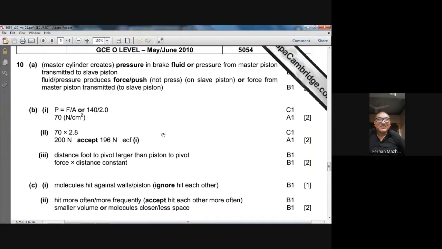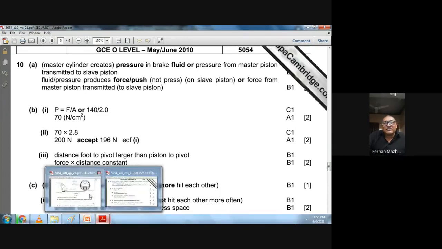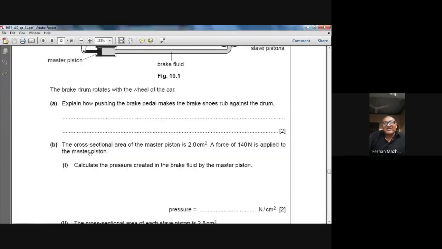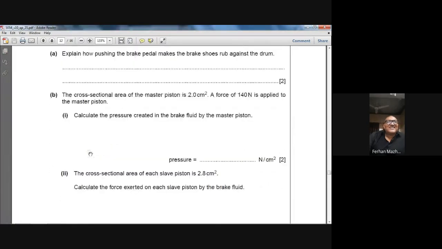One mark is for saying this. And the fluid pressure produces force or push, not press, on the slave piston, or force from the master piston transmitted to the slave piston. So it's a two-mark question, and due to the internet, there was some interruption in the sharing of the screen.